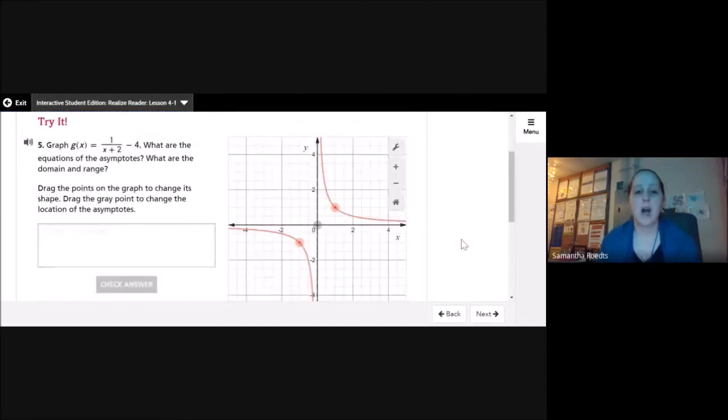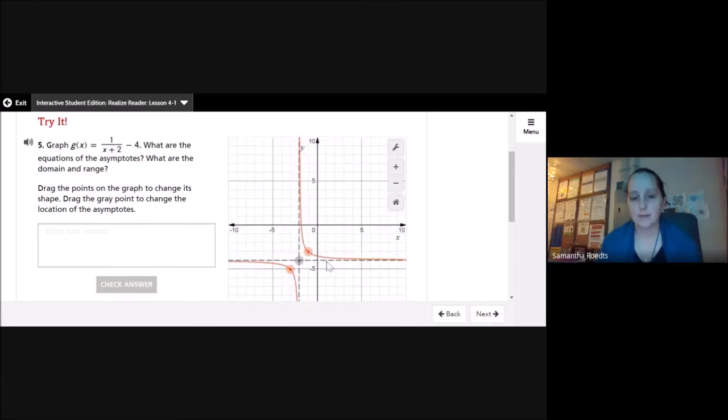So I want to graph 1 over x plus 2 minus 4. Well, this is an asymptote, and this will be an asymptote. This tells me I moved 2 units to the left and 4 units down. So I'm going to go 2 units to the left, and 4 units down. This is where my asymptote is. Now I'm going to pick a number.